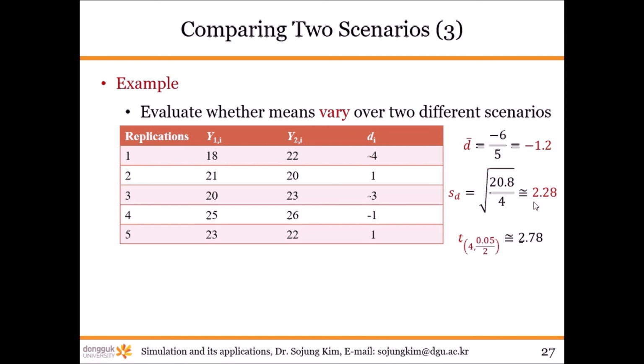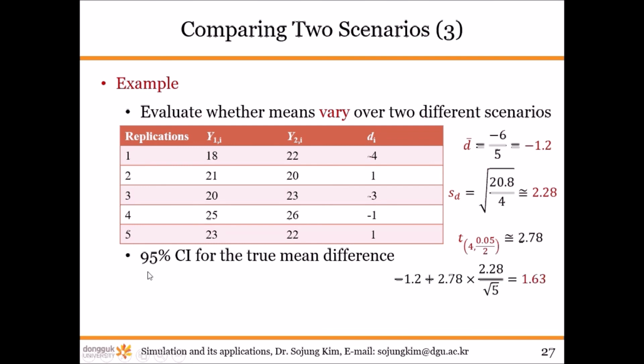In addition to these two values, you can get the t value, right? The t value is 2.78. So once you have these three values, you can calculate the 95% confidence interval for the true mean difference, which is 1.63. This is given by the previous equation.